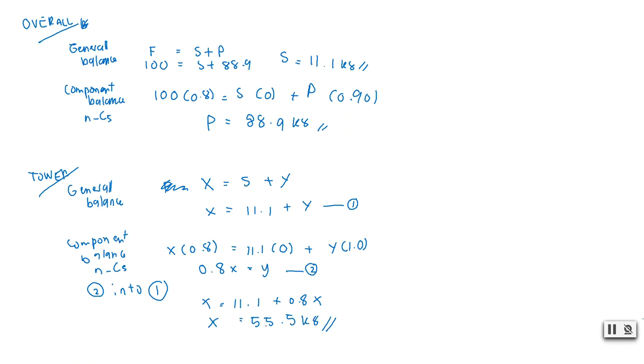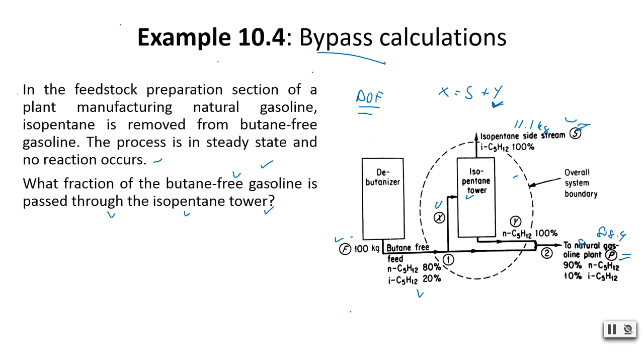Okay, so this is the answer for X, but if you want to find also Y, we can find it. The question asks for X actually, but let's just find Y. 55.5 minus 11.1, so Y equals 44.4 kg.